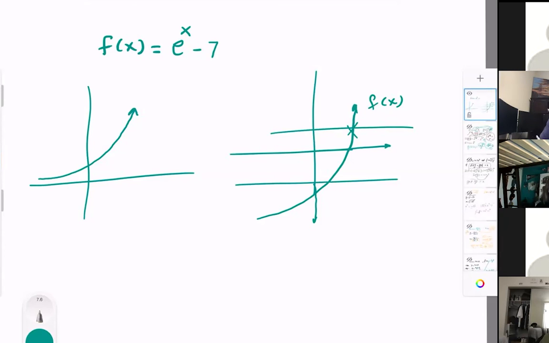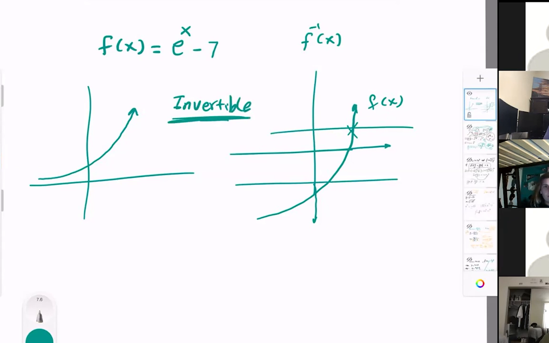Another word for this is that the function is invertible. Invertible means the inverse is a function, correct, is 1-to-1. So the word invertible means we can find the inverse.